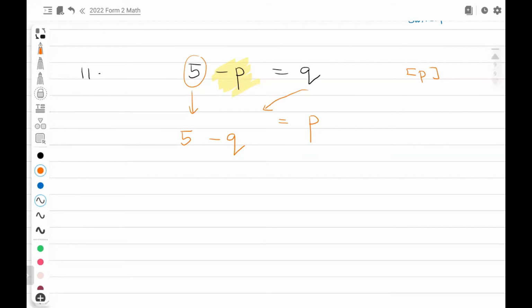So this is only one example where we can change the position. If the subject is at the back, no problem, because the middle one is the equal sign. It means left is equal to right, and right is also equal to left. So it's the same thing.